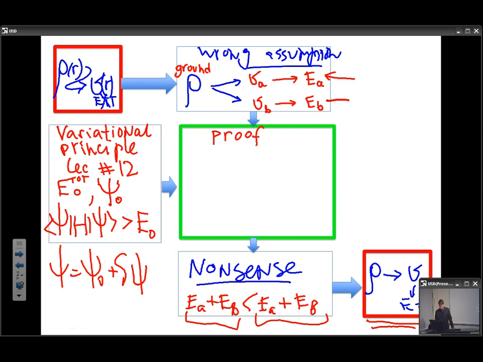So we are assuming that if our original statement is wrong, then we can get two ground state energies, and they will be not equal to each other.